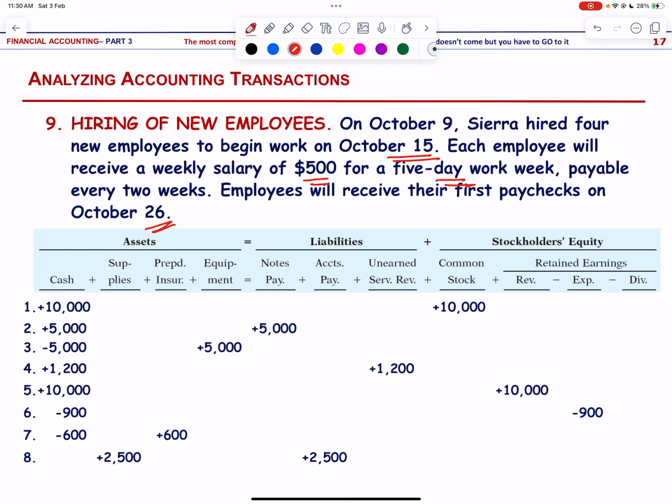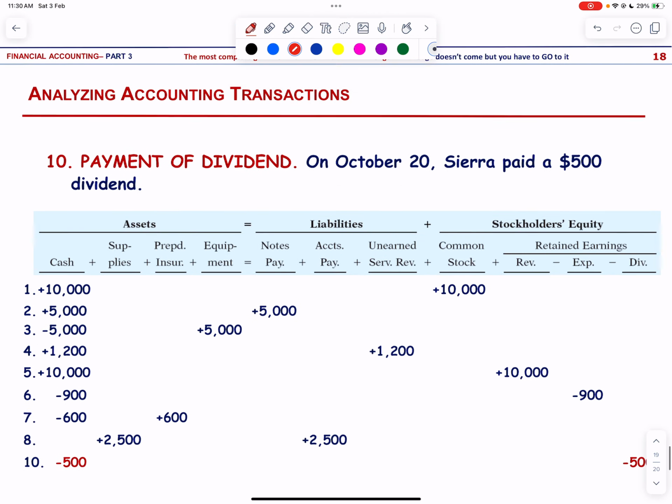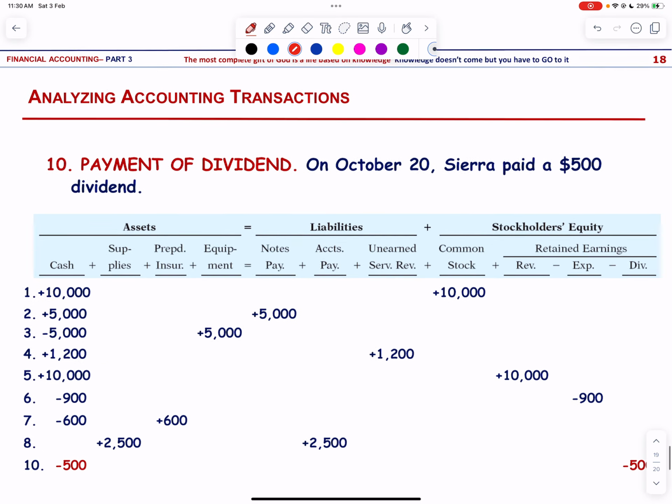Now, we are not going to record this transaction, and the reason is right now the transaction has not occurred. The transaction will occur when they begin the work, that is on October 15. So right now, since this is not a transaction that has occurred yet, we are not going to record it, and we will talk more about it in a few minutes.